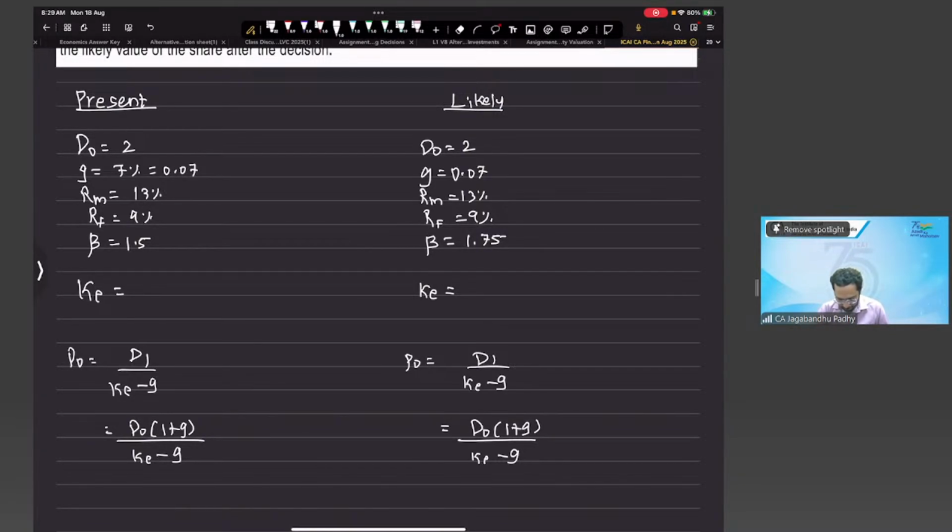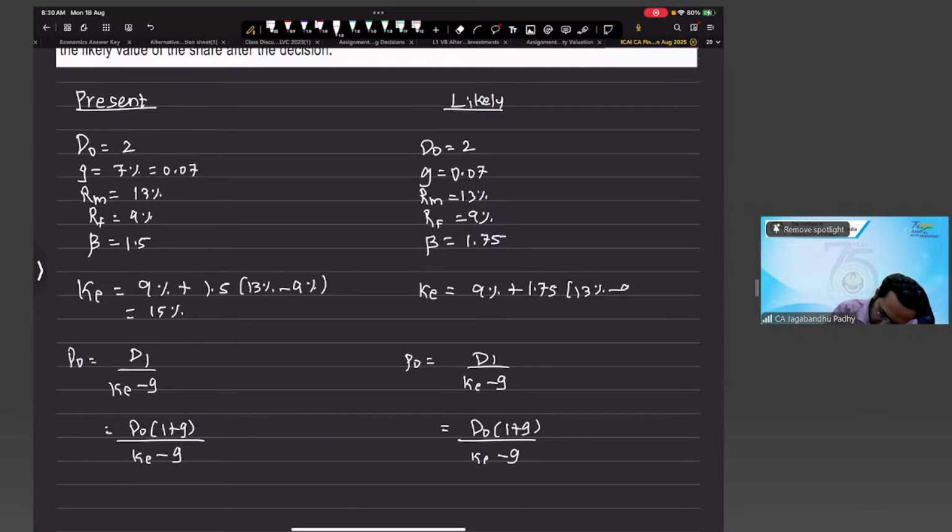In the first case, K is 15%, in the second case, it is 16%. K is 9% plus 1.5 into 13% minus 9%, which is 4 into 1.5, 6, 9 plus 6, 15%. Then this is 9% plus 1.75 into 13% minus 9%.